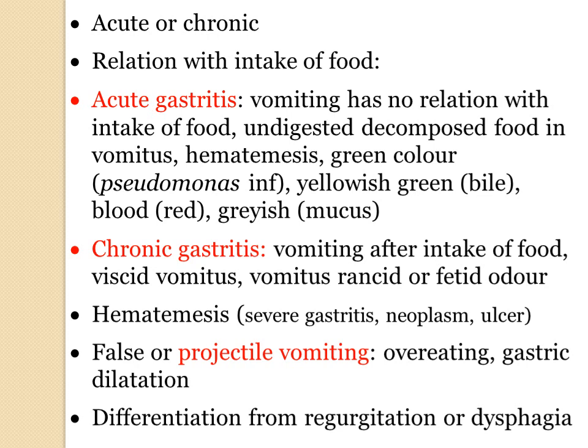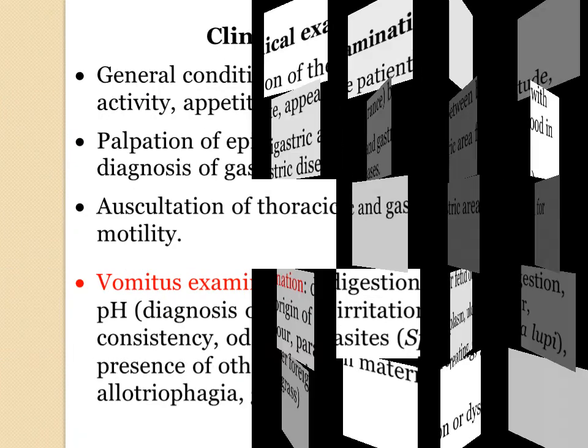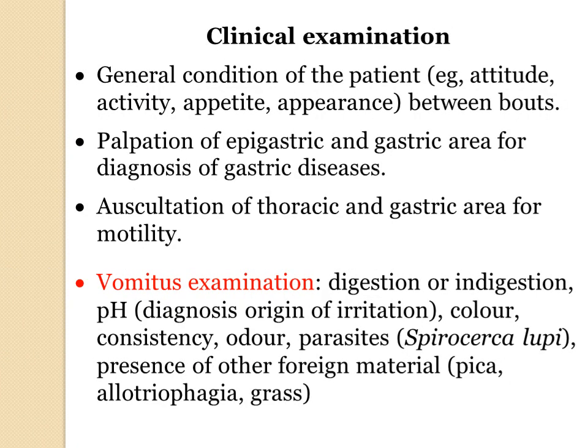Clinicians require to differentiate from regurgitation or dysphagia by taking accurate history from the owner. Dear friends, history is very, very important, because when the animal is presented, there will not be any vomiting. So we have to rely mostly on the information of the owner.